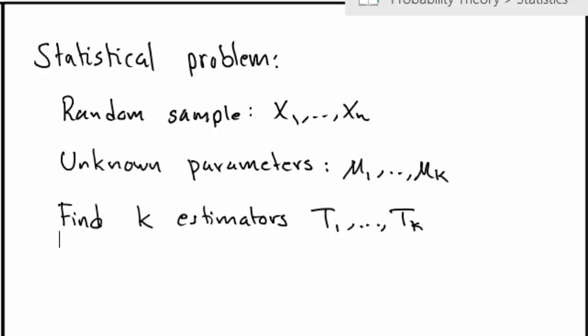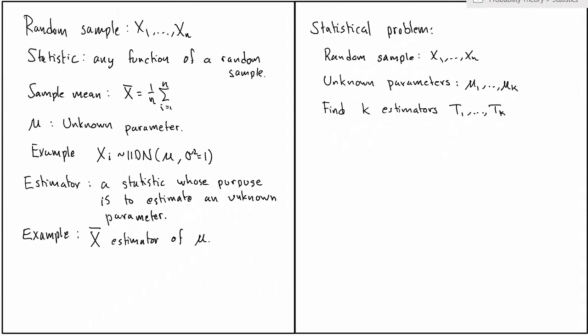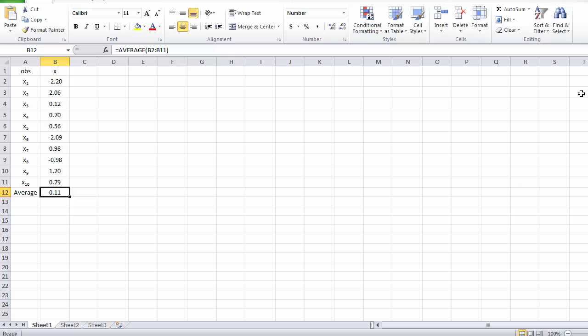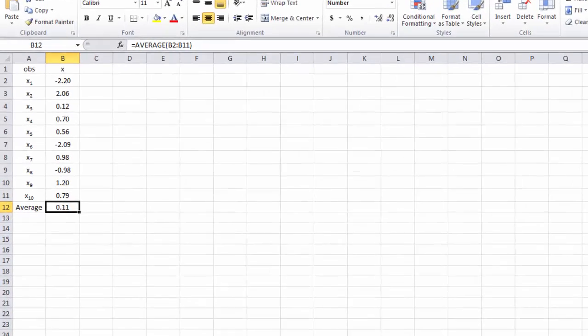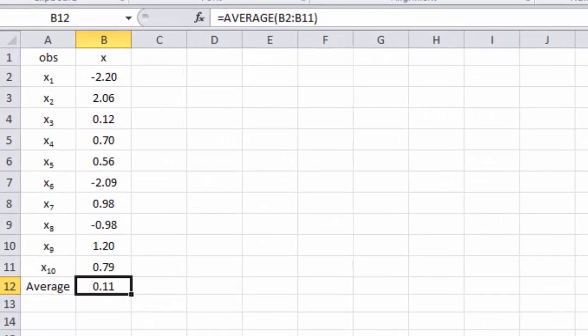For example, one parameter could describe the relationship between education and salaries. And once we've collected data on education and salaries, we may be able to say something about the relationship between education and salary.